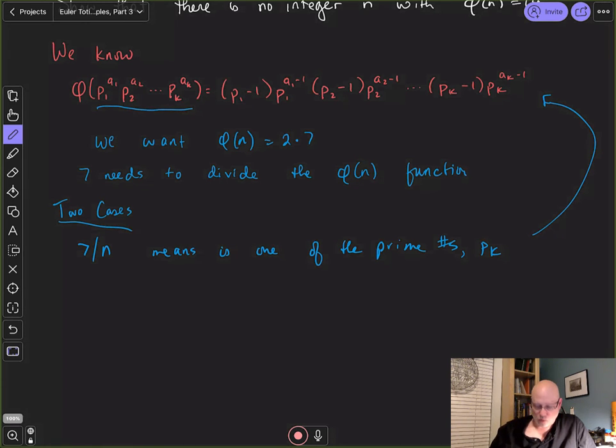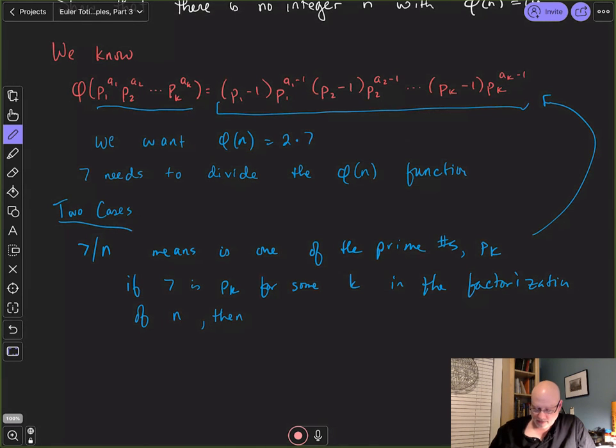However, what this expression implies is that if 7 is p sub k for some k in the factorization of n, then 7 minus 1 equals 6 must also be a factor of phi of n.